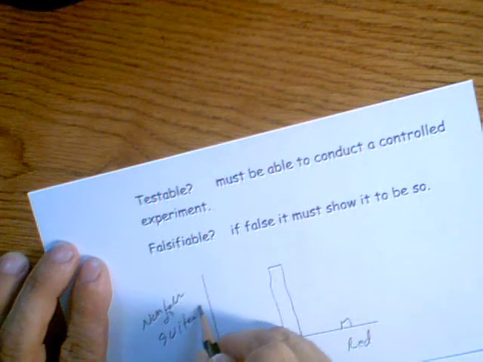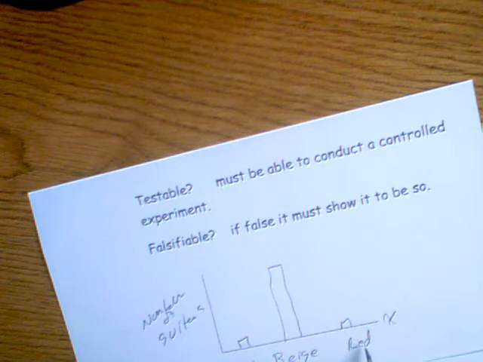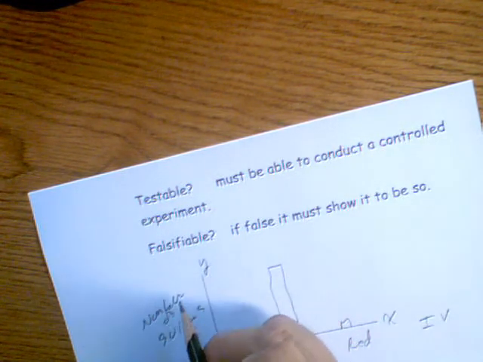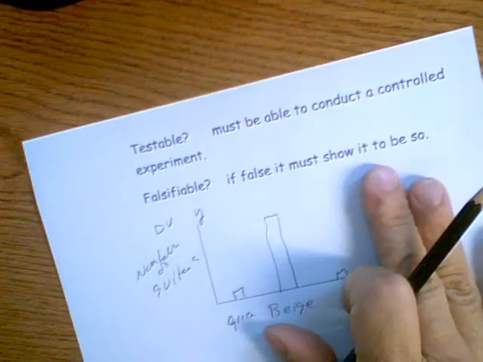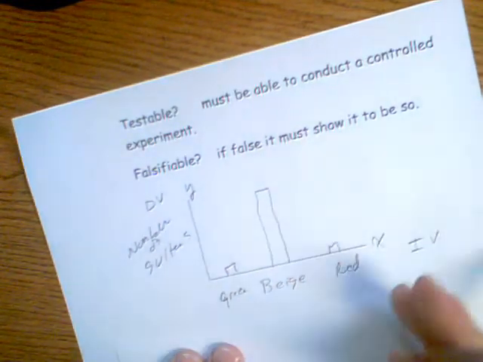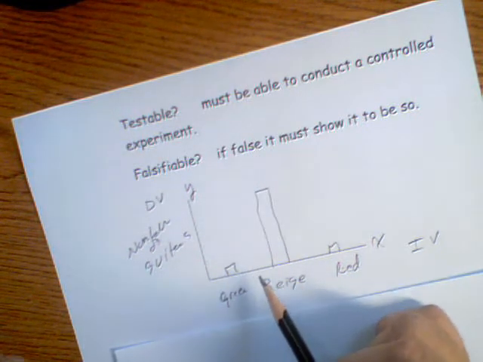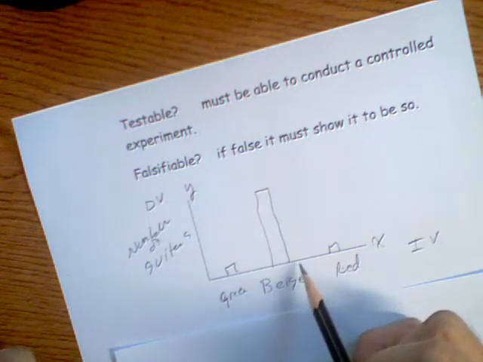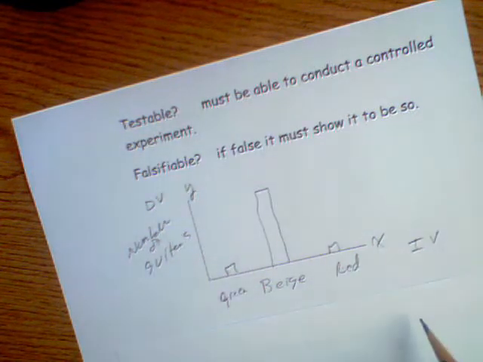And remember, this is the x-axis, so this must be the independent variable, and this is the y-axis, so this must be the dependent variable. So the number of guitars depends on the color. So, yes, it's testable, and it's falsifiable. I mean, we could prove the alternative if red or green were more abundant. We could falsify this.